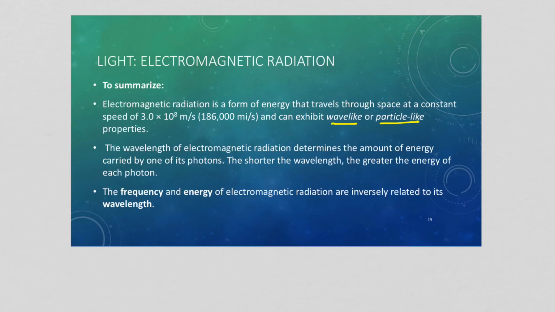The wavelength of electromagnetic radiation determines the amount of energy carried by one of its photons. The shorter the wavelength, the greater the energy of the photons. And the frequency and energy are inversely related to the wavelength. So both frequency and energy have that inverse relationship to wavelength.